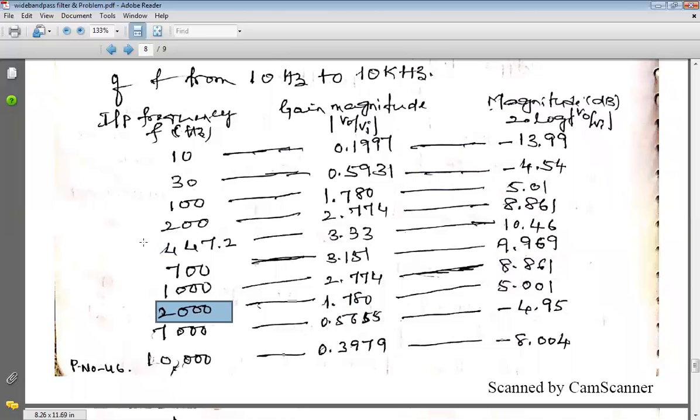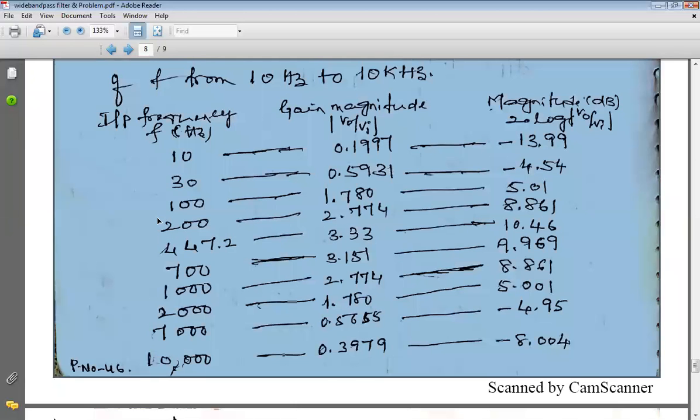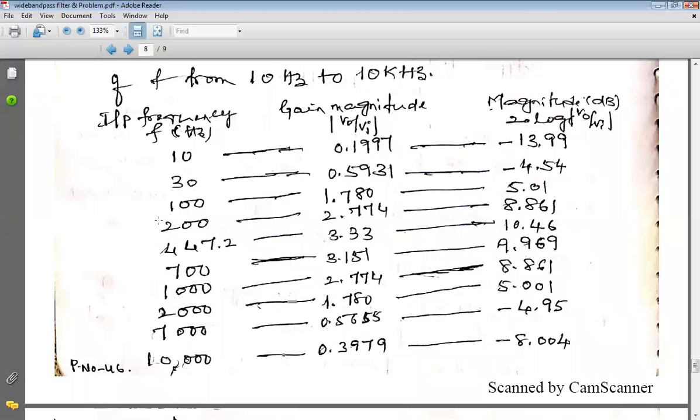That's why it allows the band of frequencies from 200 hertz to 1 kilohertz, or 1000 hertz, to pass.